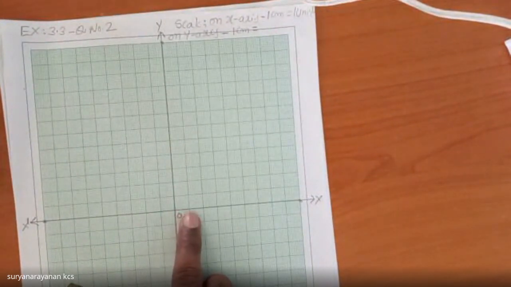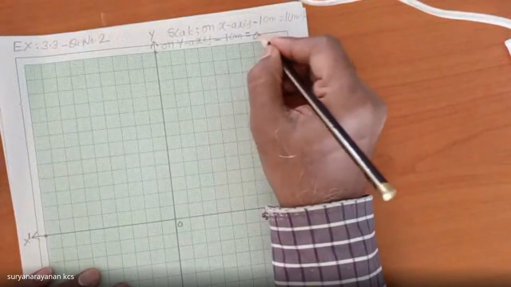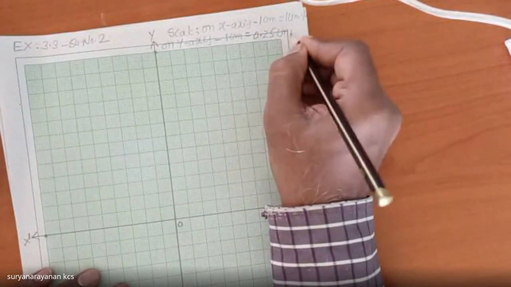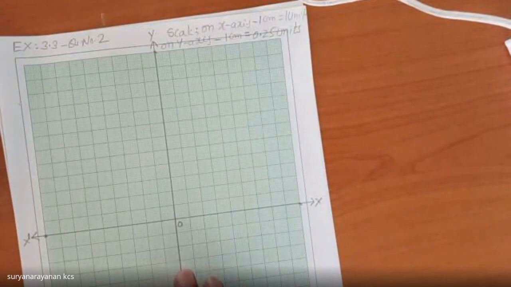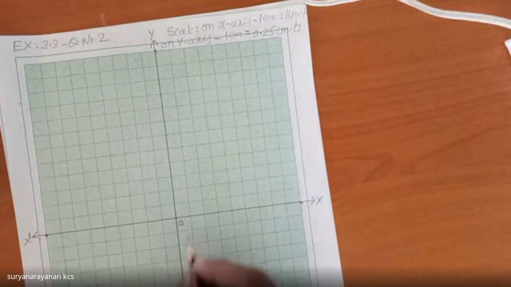If you measure the length of the side of this small square, it is 1 centimeter. For our convenience, on y-axis, we are taking 1 centimeter is equal to 0.25 units. You can choose 1 centimeter is equal to 0.5 units also, according to your convenience.